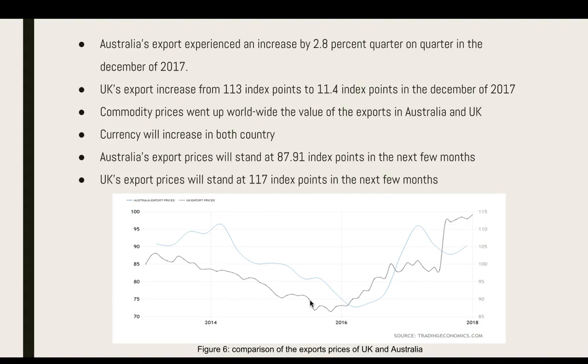According to the theory of commodity price, this will make an increase of the currency in both countries. However, we estimate the export price in Australia will stand at 87.91 index points in the next few months or even higher. For the export price in the UK, we estimate it will stand at 117 index points in the next few months or get higher in the long term.